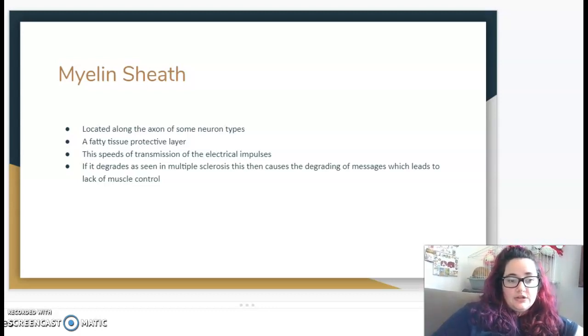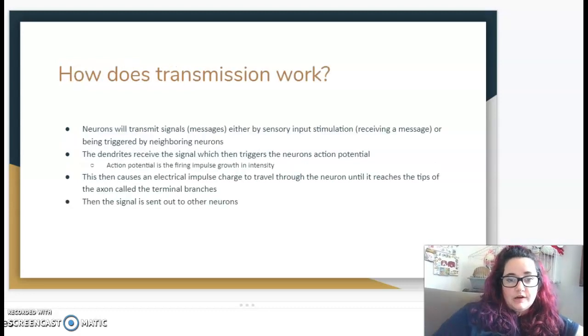So next, let's talk about how transmission works. Neurons will transmit signals, or messages, either by sensory input stimulation, receiving a message, or being triggered by neighboring neurons. The dendrites, which are the branchy-like structures, receive the signal, which then triggers the neuron's action potential. Action potential is the firing impulse, growth, and intensity.